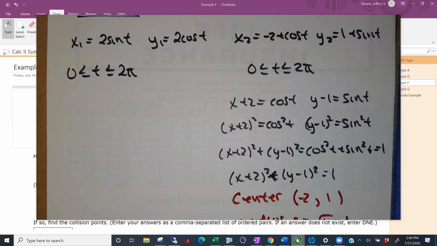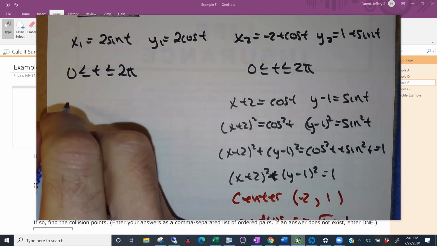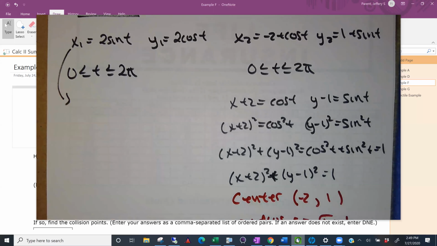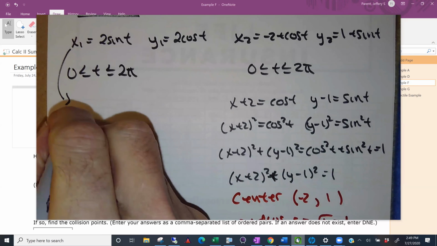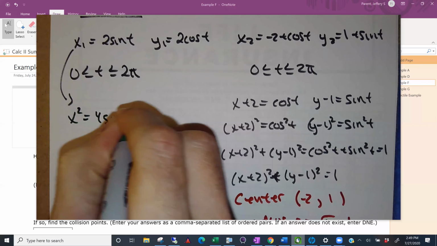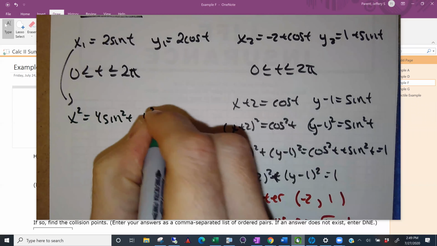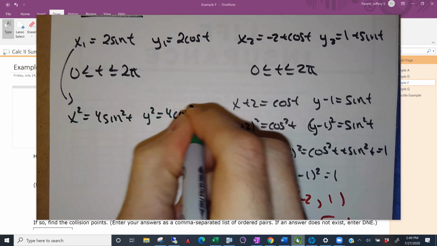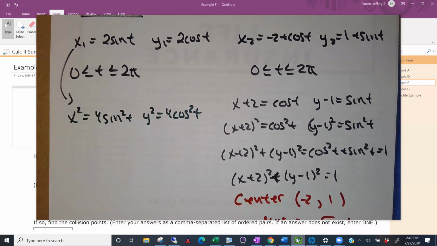And we'll play kind of the same game here. So it's going to be x squared equals 4 sine squared of t. Y squared equals 4 cosine squared of t. So, all right.